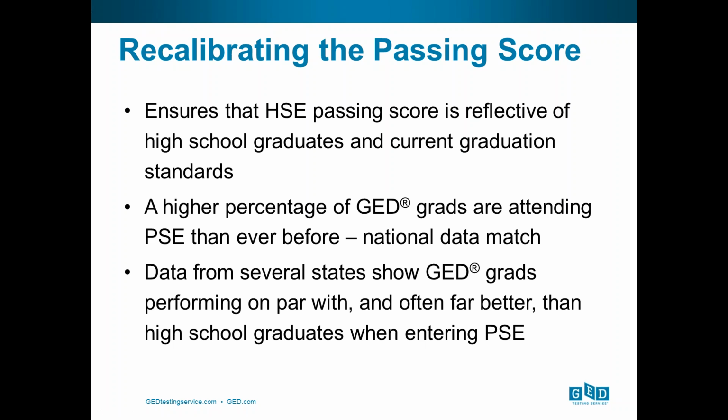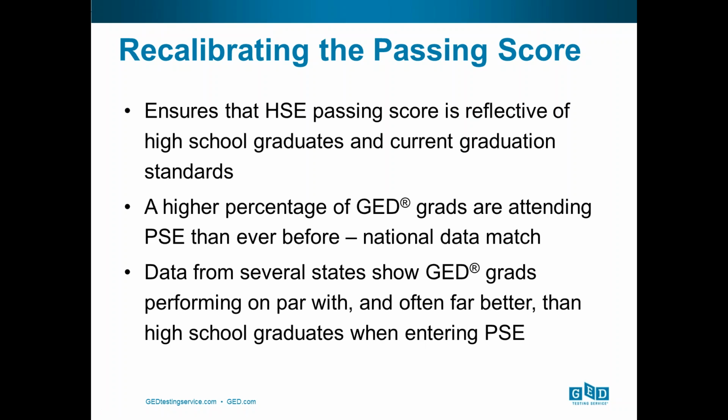So what we have attempted to create in recalibrating the passing score is to ensure that the high school equivalency passing score really reflects what today's high school graduates and current graduation standards are. A higher percentage of GED grads are attending post-secondary than ever before.